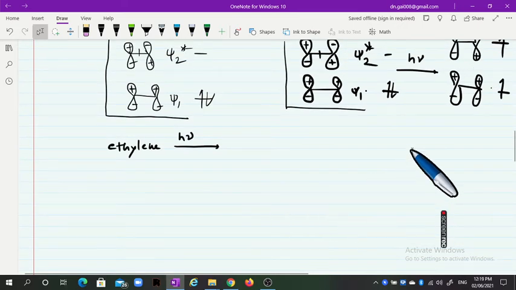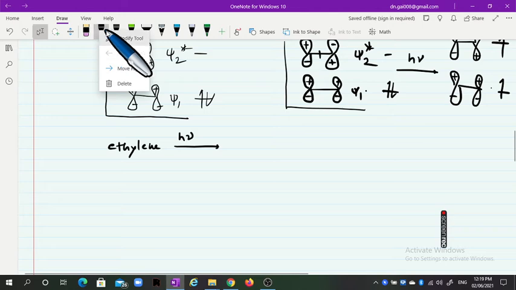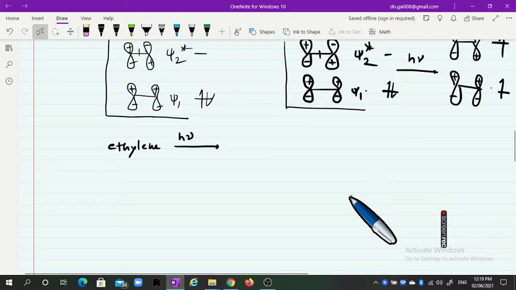Okay, as we discussed, for the first molecule we have to consider the LUMO, and for the second molecule we have to consider the HOMO, and try to understand whether the reaction is photochemically allowed or not allowed.